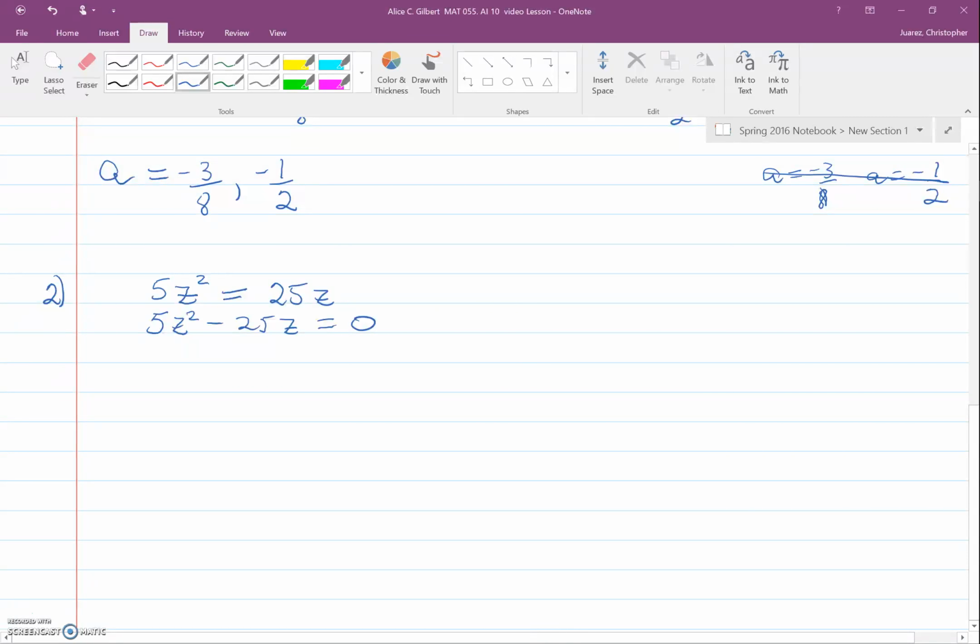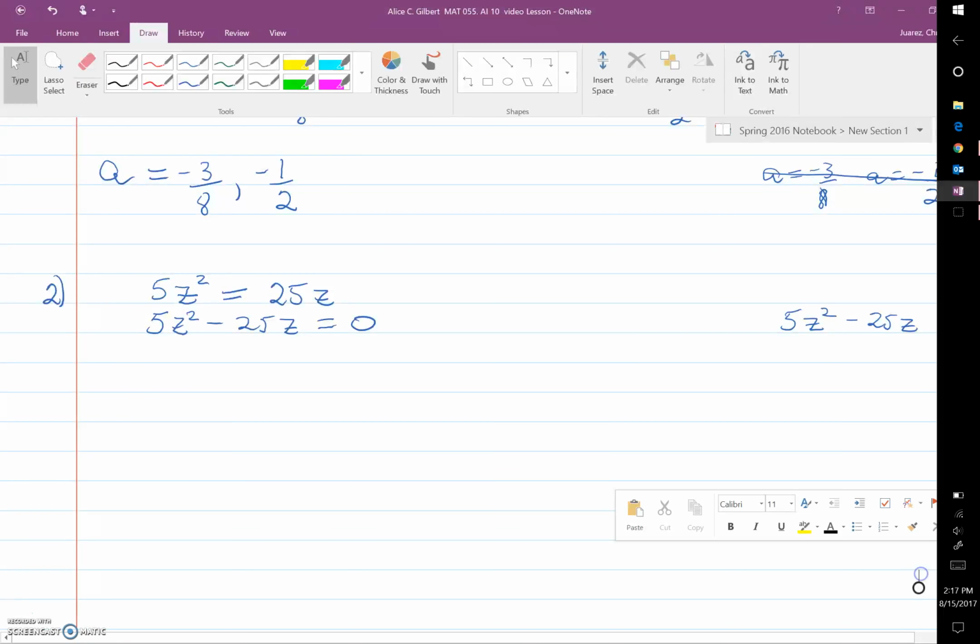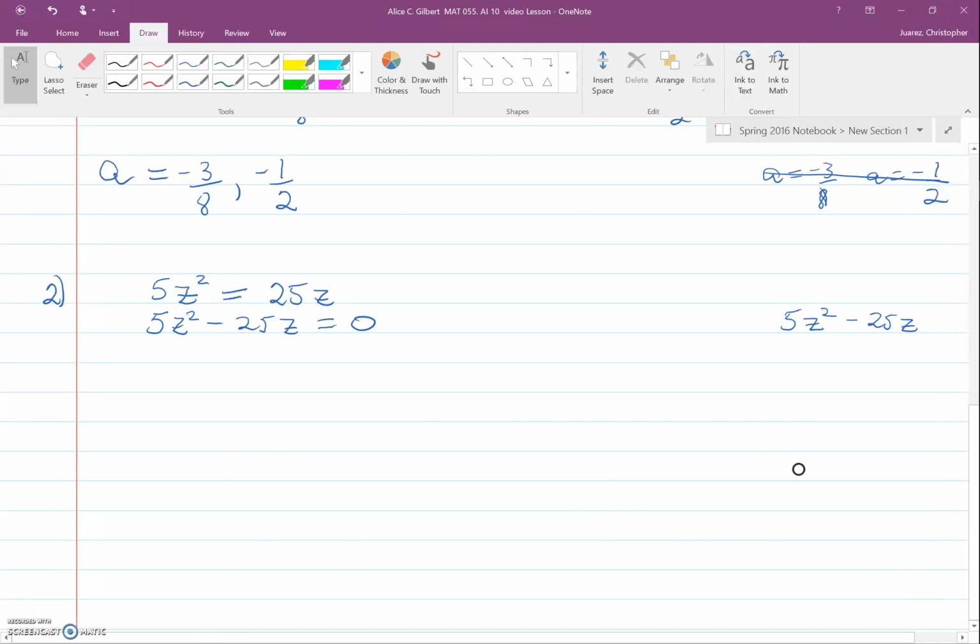So how I want to think about this is just like what we've been doing all along. Look at all my rules. I'm thinking about it without the 0, and then factoring it just like we've learned how to do in our factoring rules. Then I just remember that the 0 is there, and we're going to set each factor equal to 0.